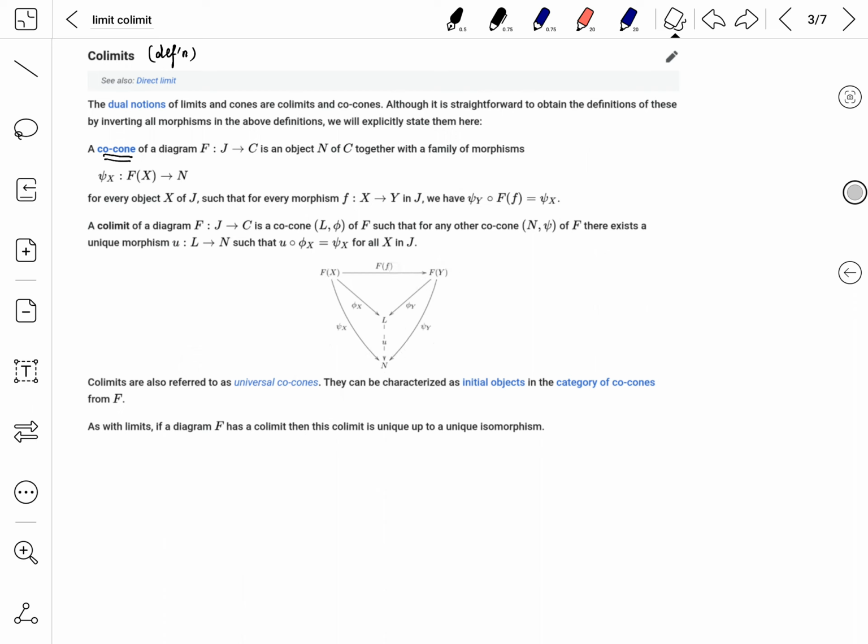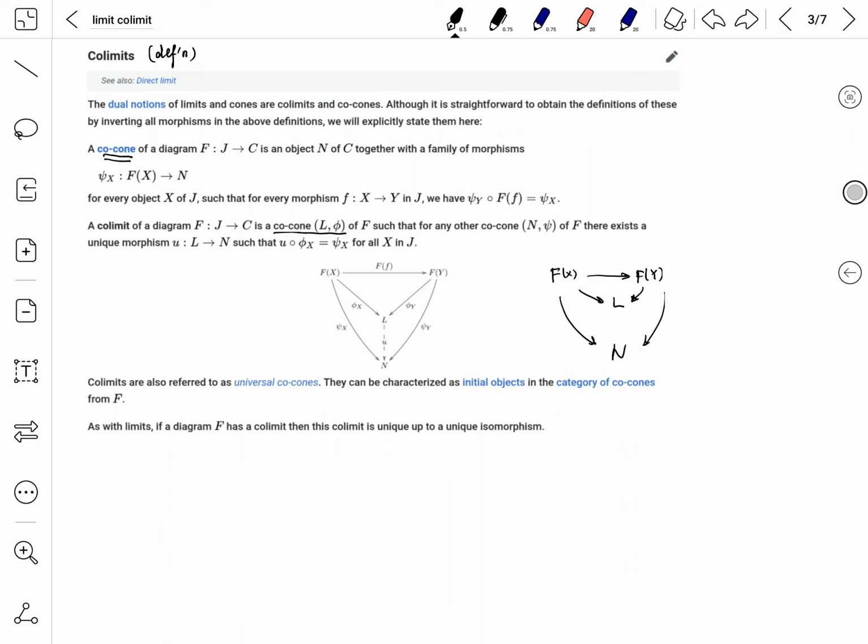Which means firstly, let's say alpha is called a colimit if it satisfies, firstly, you have your cocone, and then for an arbitrary other cocone, you put it further.